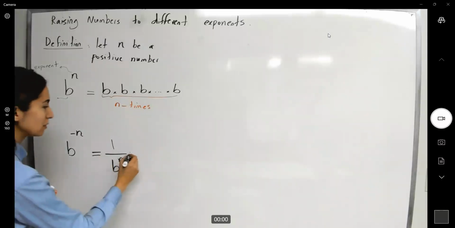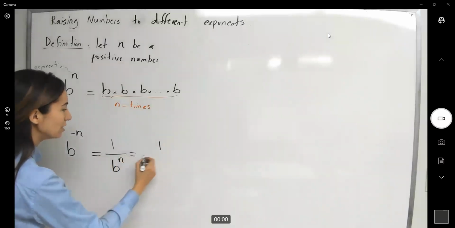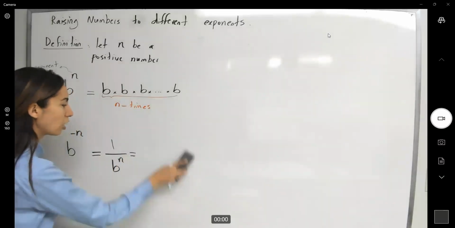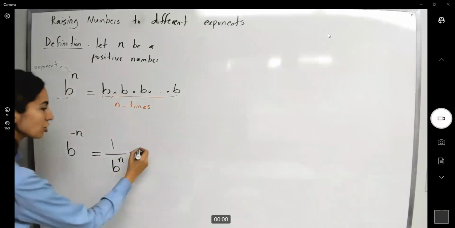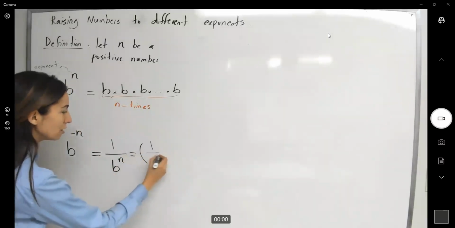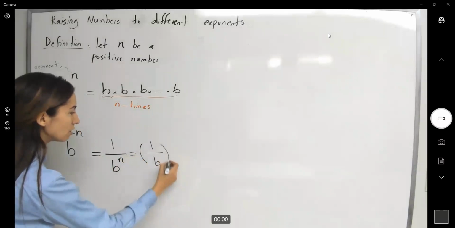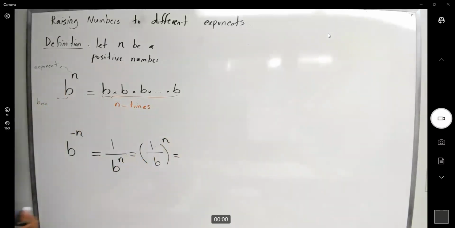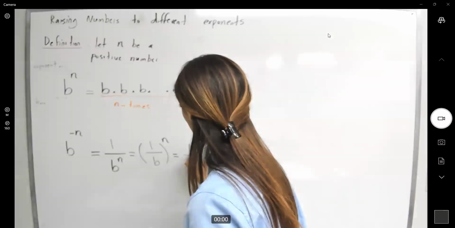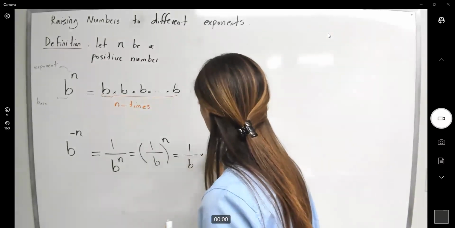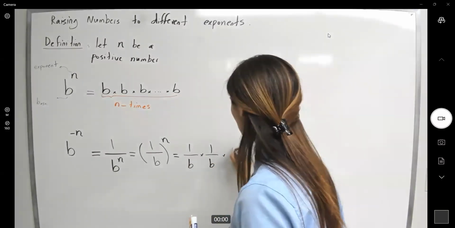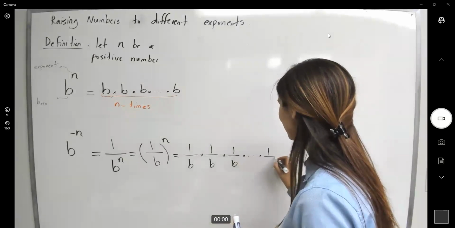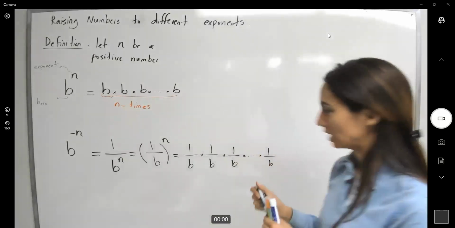Then you're going to have 1 divided by b multiplied by itself n times, or another representation is 1 over b times 1 over b times 1 over b, n times.